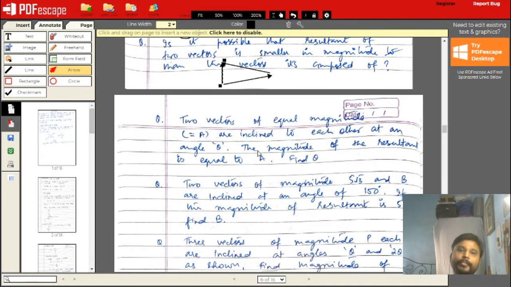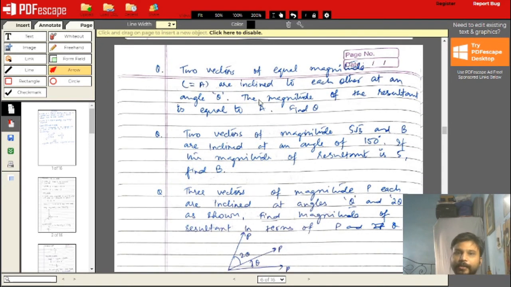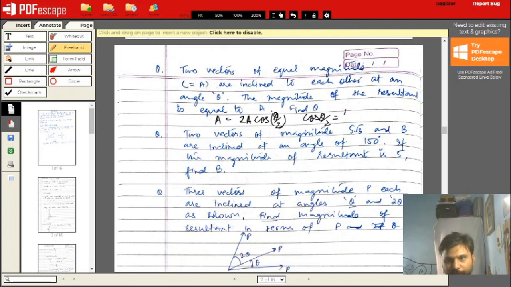Two vectors of equal magnitudes are inclined to each other at an angle theta. The magnitude of the resultant is equal to A. Find theta. So we can use the formula which we have just learned. A, the resultant, is equal to 2A cos theta upon 2. Cos theta upon 2 would be half.